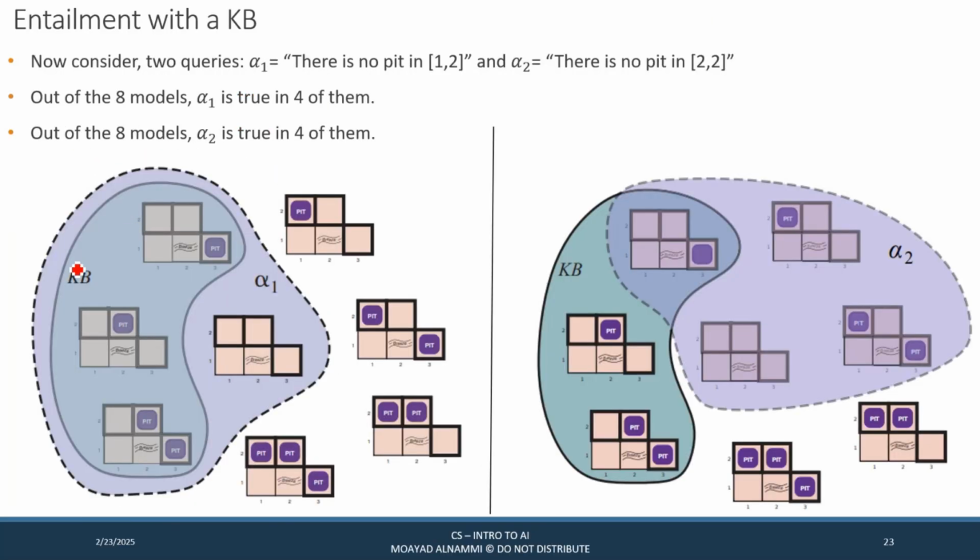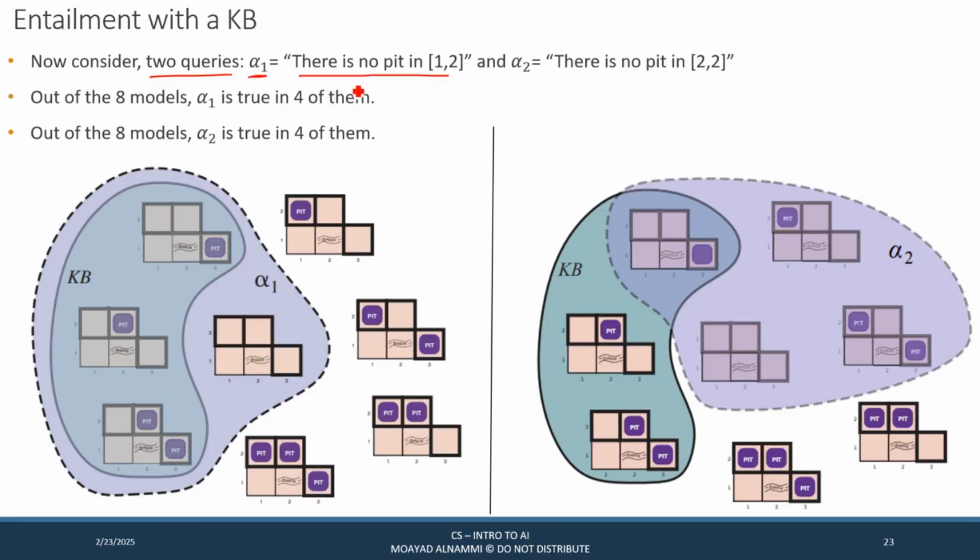Now, like I said, these are the possible configurations or models in which the knowledge base is true. Let us look at how inference, or entailment, can be used to infer new facts. Consider the 2 following queries. Alpha 1: there is no pit in 1,2.